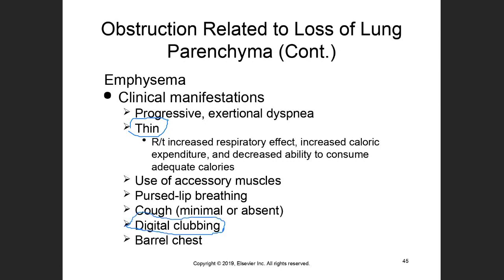It's basically a deformation at the tip of the nail, and it's due to hypoxia. You could see this in those patients, but most of the time digital clubbing is more related with cancer. Barrel chest is also common in those patients. Barrel chest means increased anterior-posterior diameter of the chest.